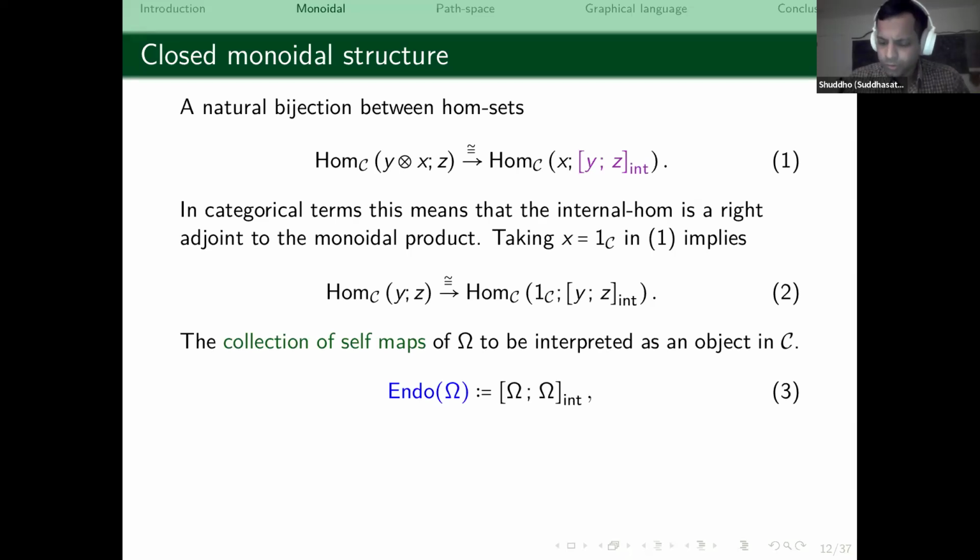So this idea enables some very fundamental constructions. We talk about these purely categorical ideas, and we see many familiar ideas from dynamical systems taking shape. For example, if we consider the internal home object [Ω, Ω], basically we are bundling all the endomorphisms of Ω, and we are encoding it back into an object of C. We call this the endomorphism object of Ω.